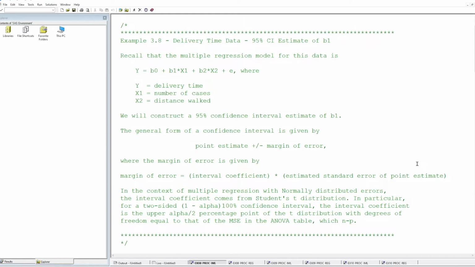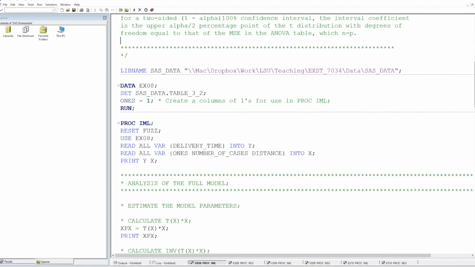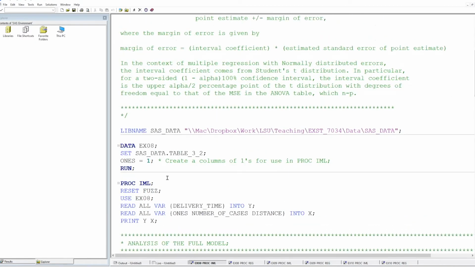That's what we're going to be doing in this PROC IML program. Let's scroll down and take a look at how we do this. The first thing I want to do is show you how to read in a SAS data set. Instead of creating the required vectors by inputting them as matrix literals, we're going to read the data set in.